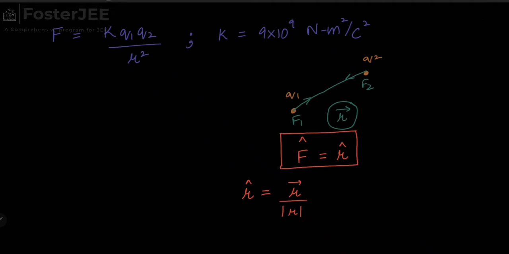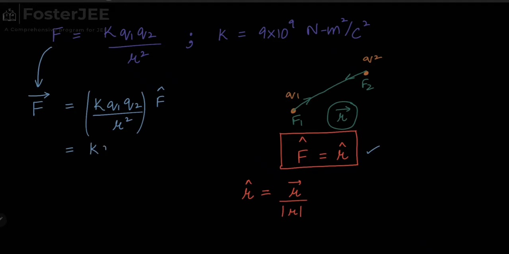Now if we represent this force in vector form, we will write F vector equals magnitude k q1 q2 by r square into direction f cap. Since f cap is equal to r cap, we will write k q1 q2 by r square into r cap.